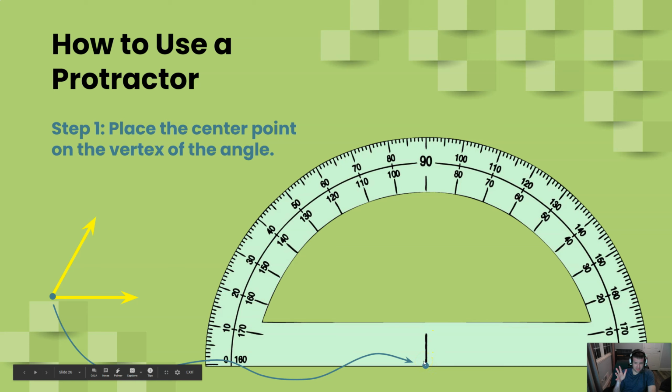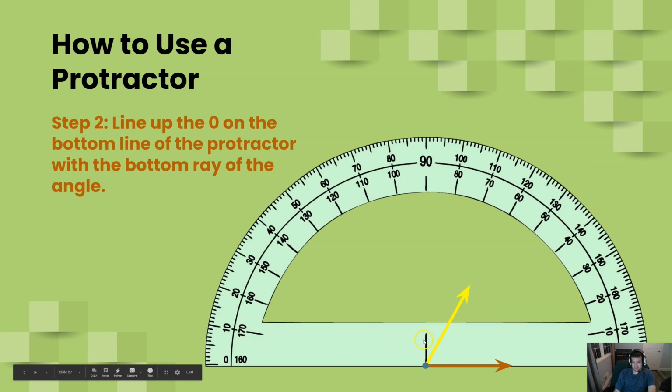Every protractor is a little bit different, but the protractor that we're looking at, that vertex needs to go right on the center point of your protractor. Then also you have to make sure that the bottom ray of your angle is in line with the bottom line of the protractor, right? So that's with the 0 degree mark.